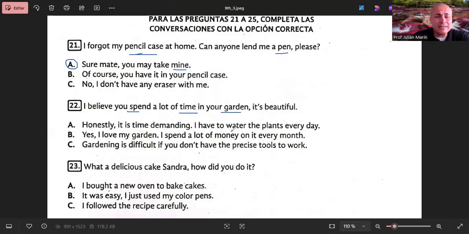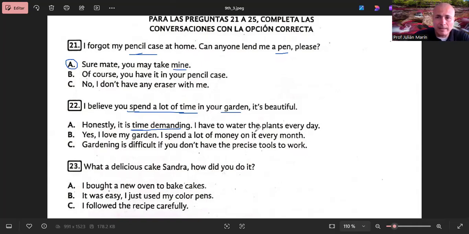A: Honestly, it is time demanding. I have to water the plants every day. So over here we got time again, spending a lot of time, demanding. That is a match. So this is a probable good answer.